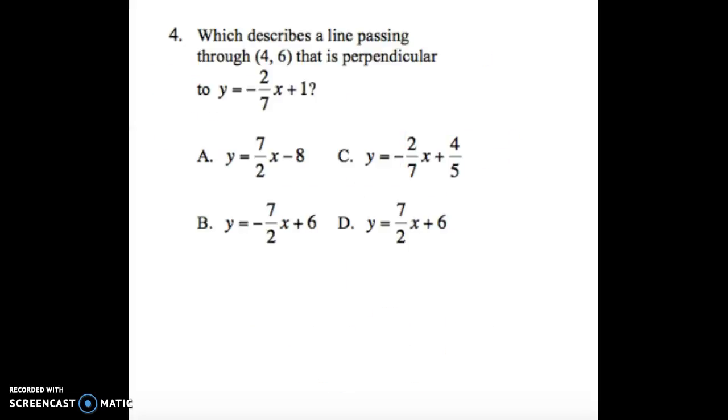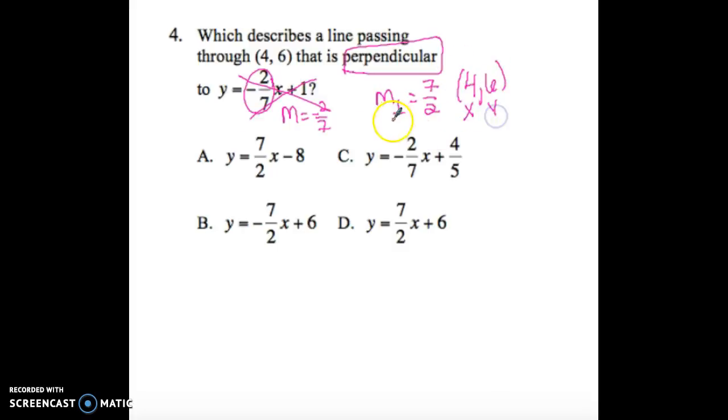Number 4. This time, again, all you're doing is looking at the slope of this line. The slope of this line is negative 2/7. So the slope of your perpendicular line equals positive 7 over 2, opposite and reciprocal. I don't care about anything else from that equation. And then I have the ordered pair 4, 6. So I have my x, my y, and my new m to plug into y equals mx plus b.